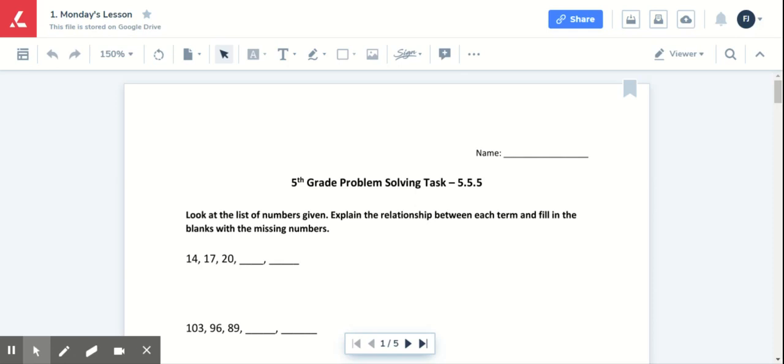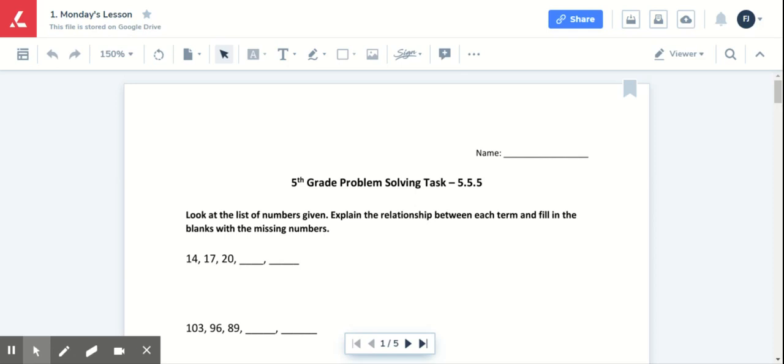Let's see if that's true from 17 to 20. Yes, adding 17 plus 3 will give us 20. Oh my gosh, it works. So it seems like our rule here is to add 3.